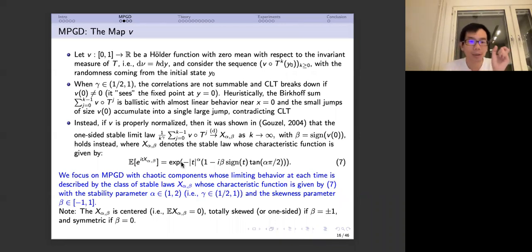There are two parameters: the stability parameter alpha between 1 and 2, and the skewness parameter beta between -1 and 1. If beta is 0, then it's symmetric, and if beta is -1 or 1, it's totally skewed. These are the terminology that we will need later.